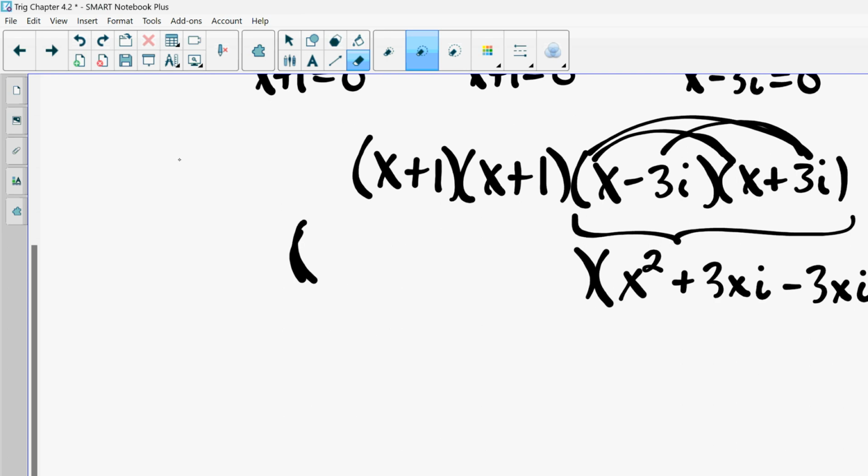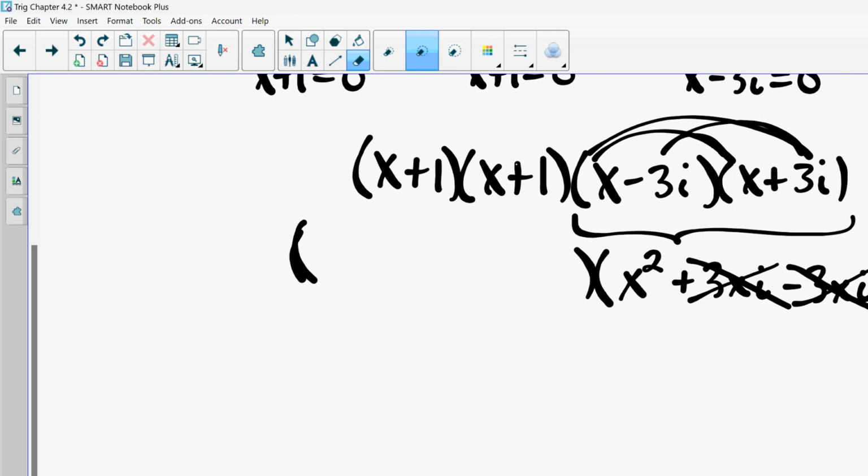And before we do any other multiplication, 3xi, negative 3xi, 0, they're gone. Negative 9i squared, i squared is negative 1. And negative 9 times negative 1 is positive 9. As we can see here, all the i terms are gone. One easy step, they're all gone. And that's nice.